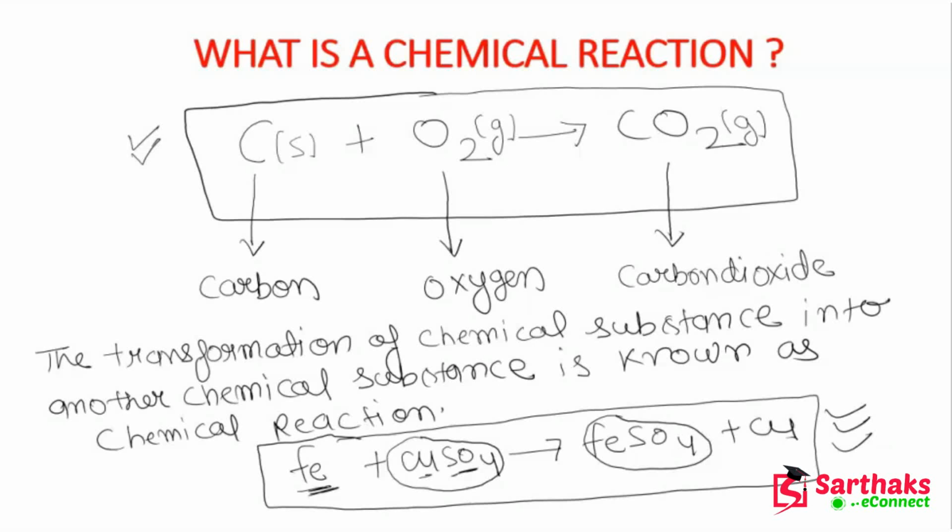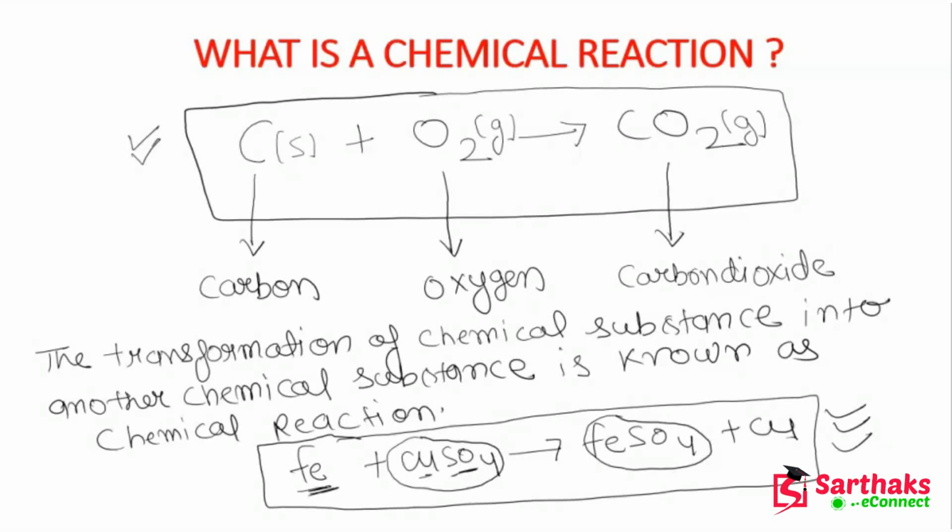So what is happening? Previously there was a bond between copper and sulfate ion, but when they react with this iron, this bond breaks and a new bond between iron and sulfate is formed. Then we got copper as a product and iron sulfate as a product.